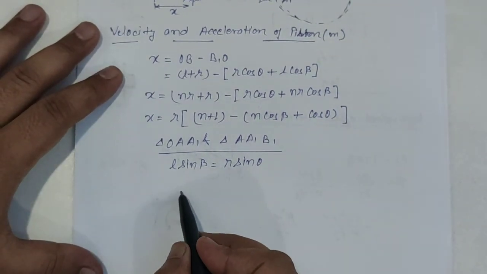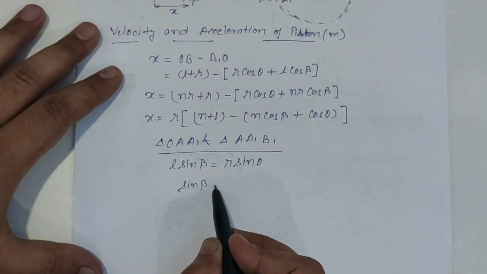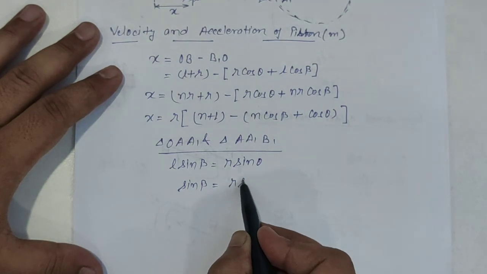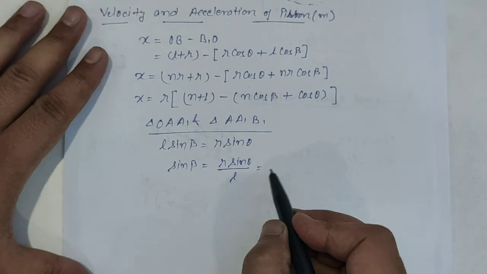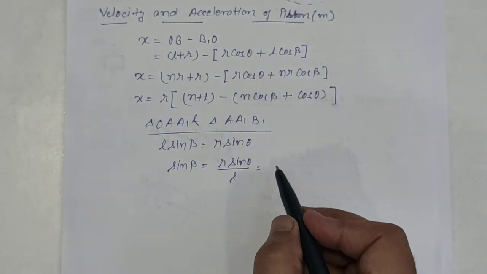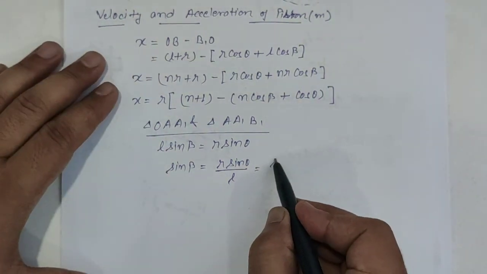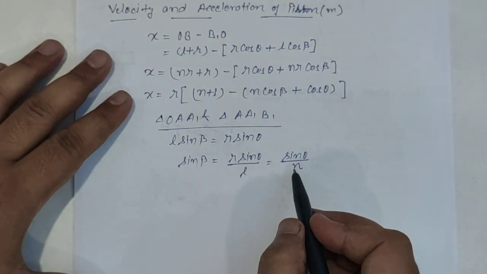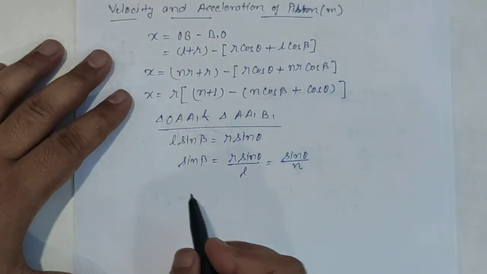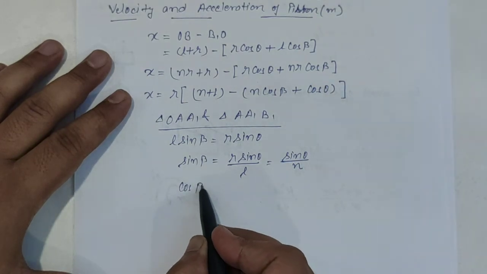From here we can calculate the value of sin beta. Sin beta will be equal to R sin theta divided by L. L is equal to n into R, so we can write sin theta by n. Now we can calculate the value of cos beta.